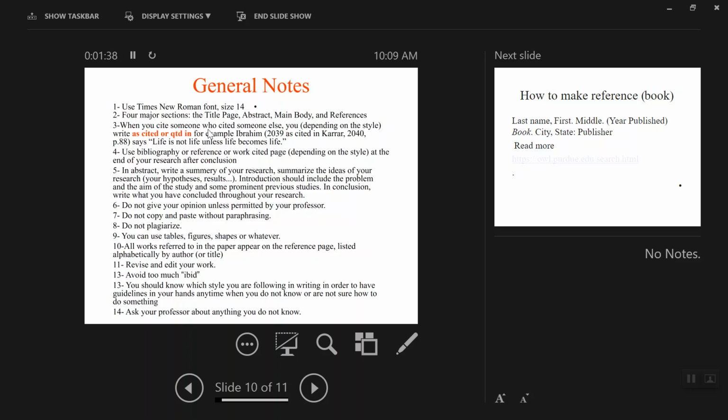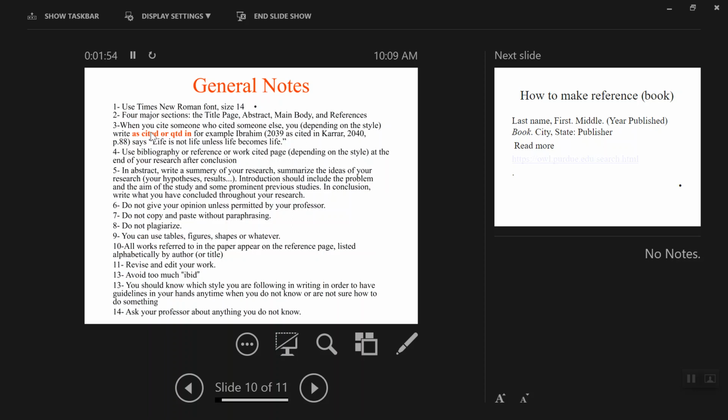Number 3. When you cite someone, there is just a little difference in how to differentiate between the different styles. This point is very, very important.